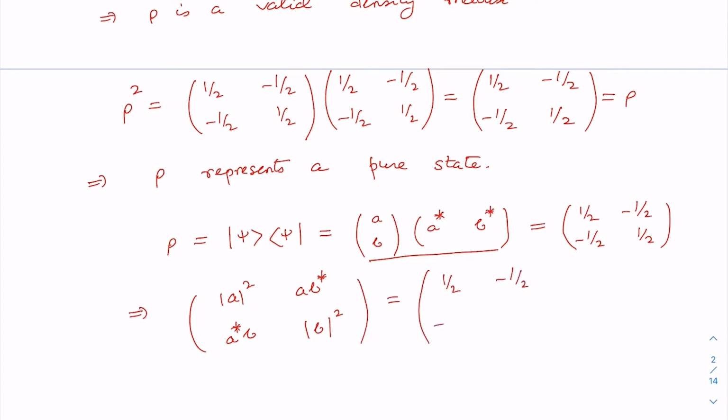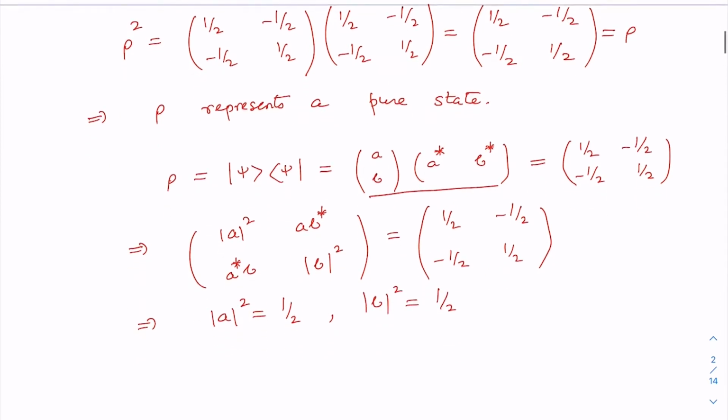Okay, first let me write it. So clearly it implies that mod a square is equal to half, mod b square is equal to half, and a star b or a b star is equal to minus half.